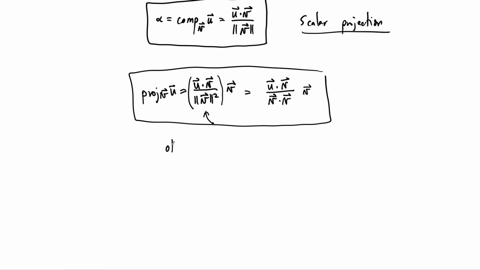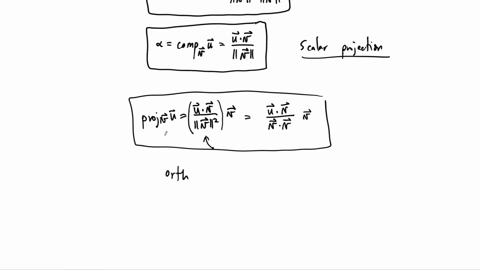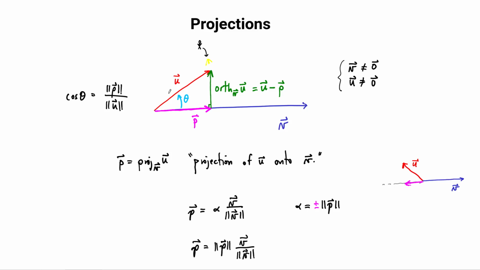So orth, by the way, one of the reasons we care about orth and proj at the same time is that proj and orth now obey kind of like the right-hand rule, right? They're perpendicular to each other. Proj is in the direction of v, so if v is important to us, then p will have the same direction as v.